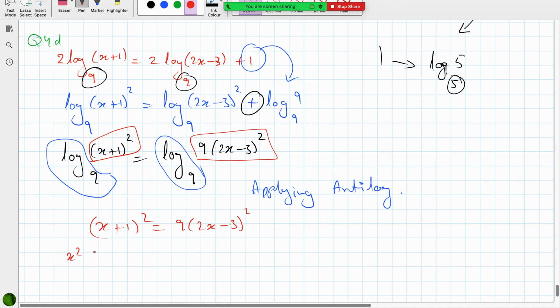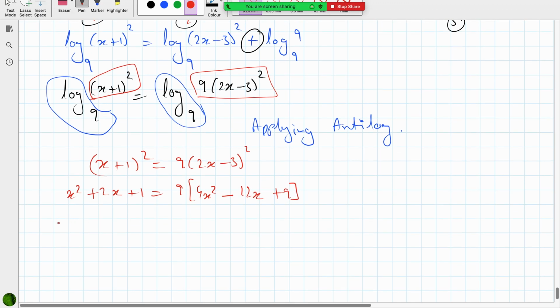So this is a square plus 2ab plus b square is equals to 9 into a square minus 2ab plus b square. x square plus 2x plus 1 is equal to 9 into 4x square, that is 36x square. 9 into 12 is 108x, plus 81.